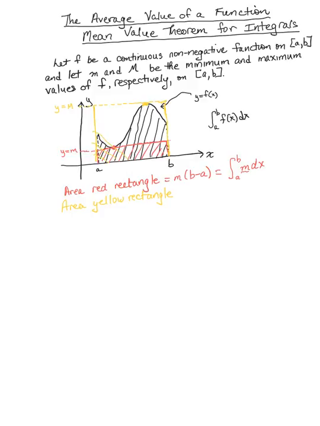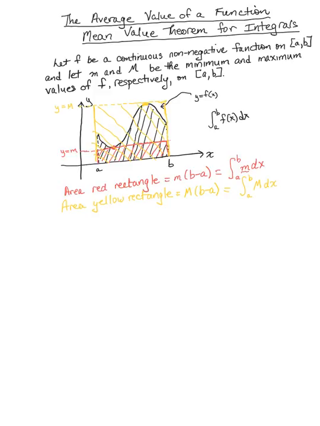I'm shading in this way. So the area of the yellow rectangle is its height, which is capital M, times the width b minus a. And that too can be represented as the definite integral from a to b of capital M with respect to x.